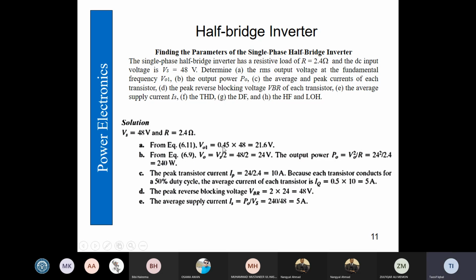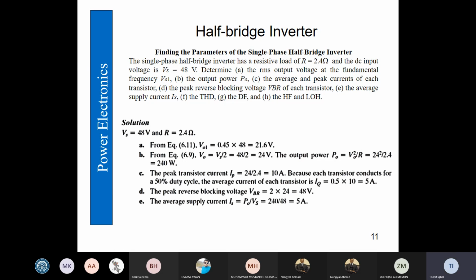From equation, we know that the first fundamental is 45% of the DC voltage. Therefore, it is 21.6 volts is the RMS value of the first fundamental. Whereas total output voltage is half of the supply voltage, that is 24 volts.